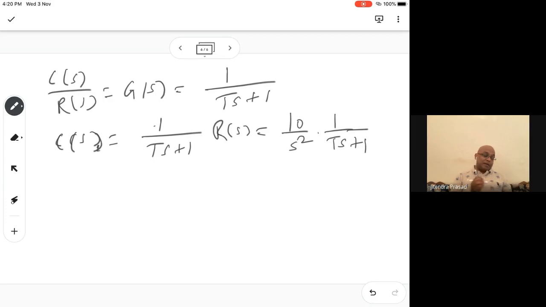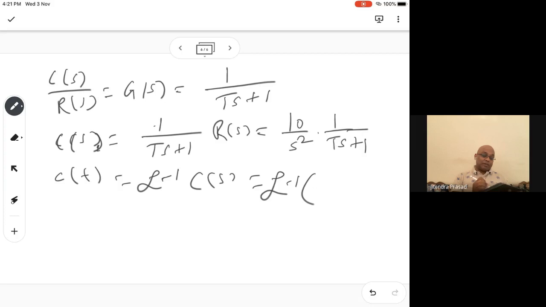One way of finding the steady state error, that is, how much error the thermometer shows, is to find c(t) equal to L inverse of C(s), that is, L inverse of 10 over S square times Ts plus 1. So we can do that.